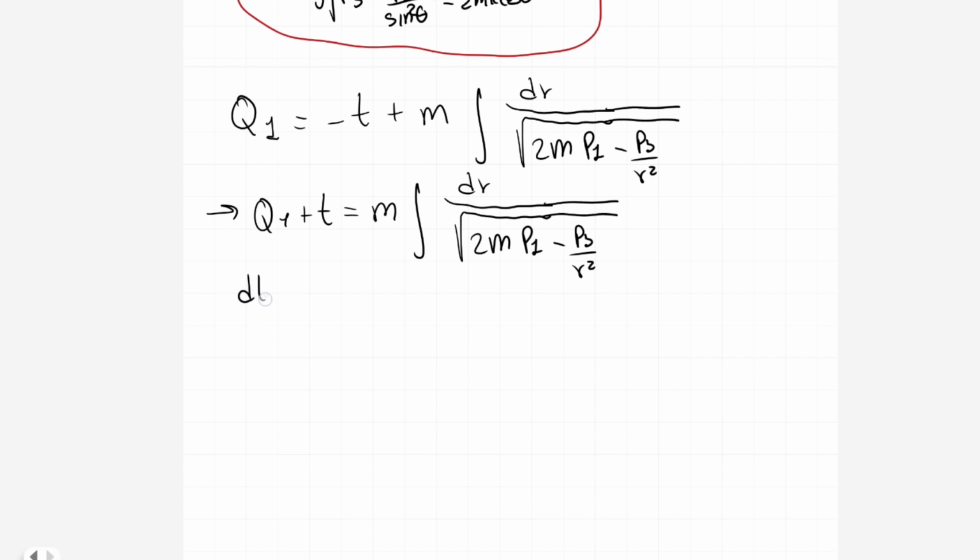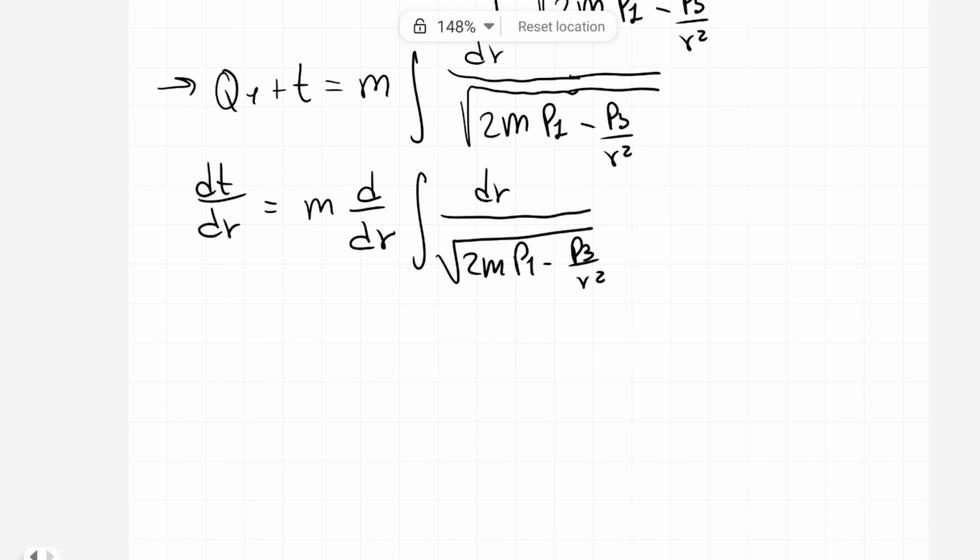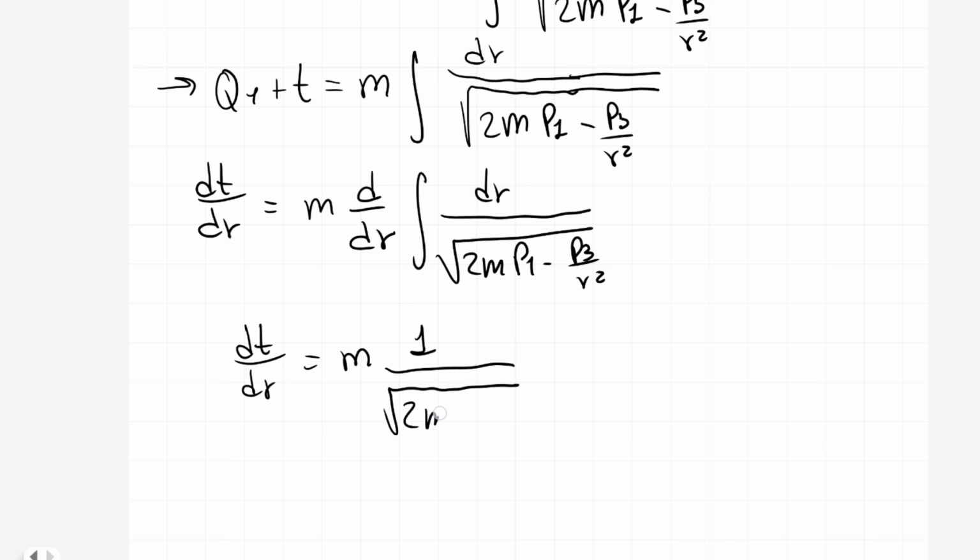So we will get the derivative of T with respect to R is going to be M times the derivative with respect to R of this integral that is with respect to R. So it's easy to see that we are taking the derivative of an integral of R. This can be seen as the derivative of T with respect to R equals M times 1 divided by the square root of 2m(p1 minus P3 divided by R squared).